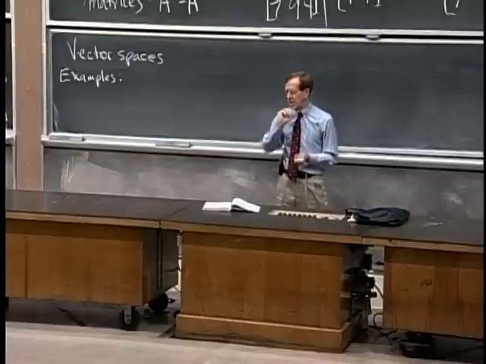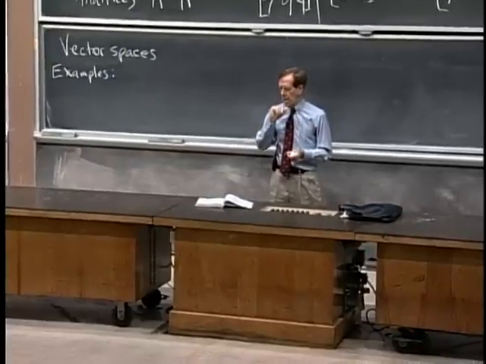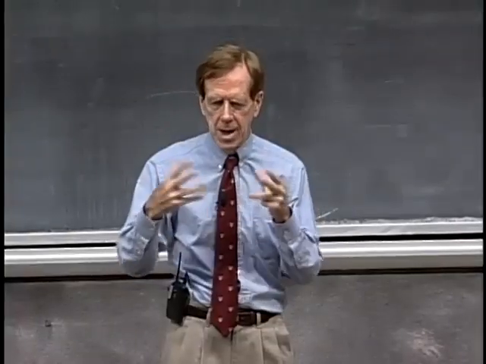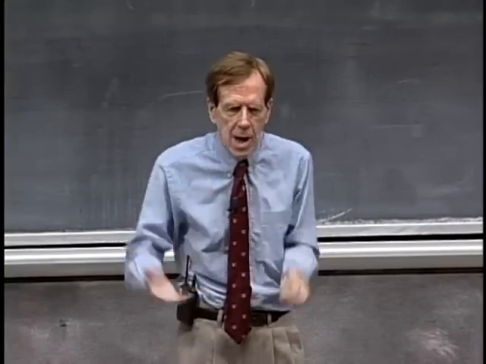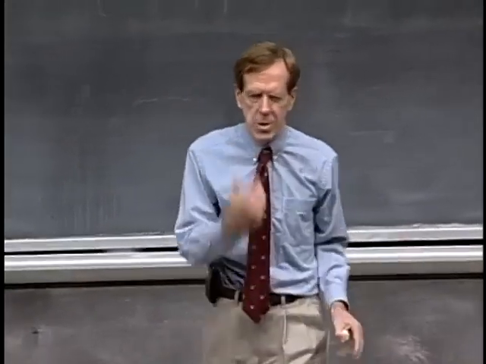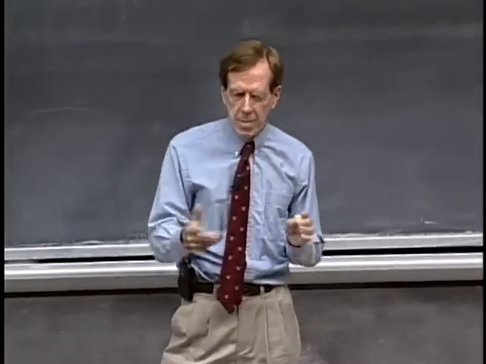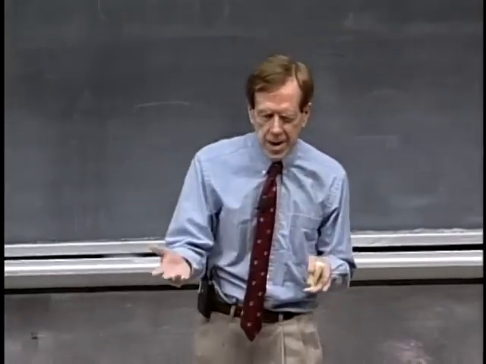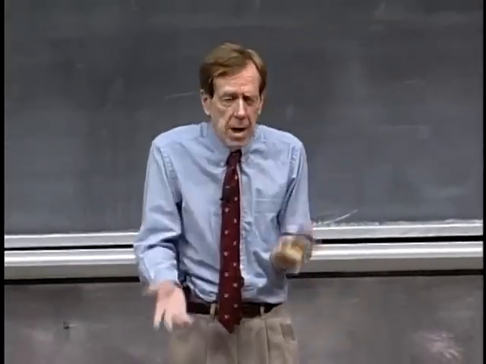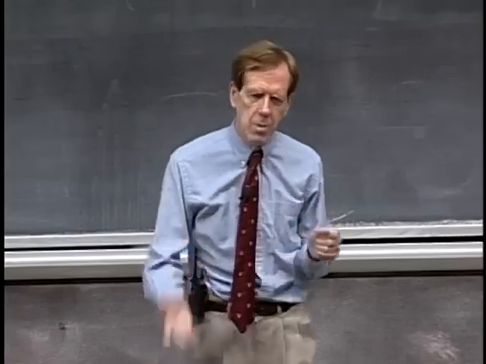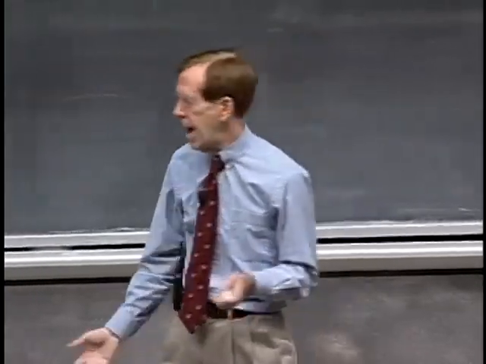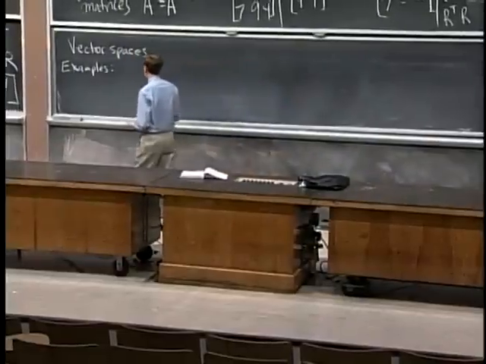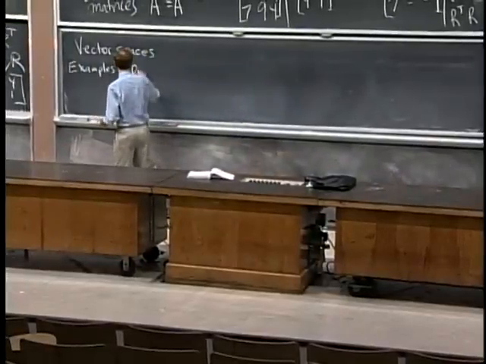But not just any bunch of vectors. A space of vectors has to allow me to do the operations that vectors are for. I have to be able to add vectors and multiply by numbers. I have to be able to take linear combinations. Well, where did we meet linear combinations? We met them back in, say, R2.